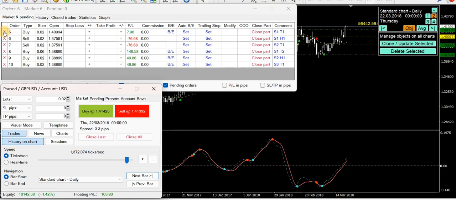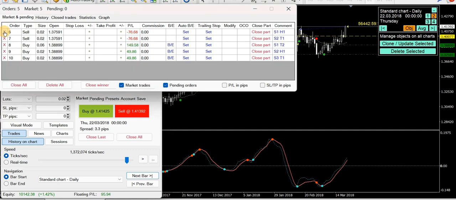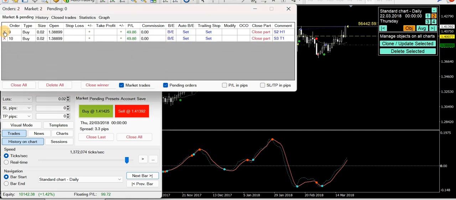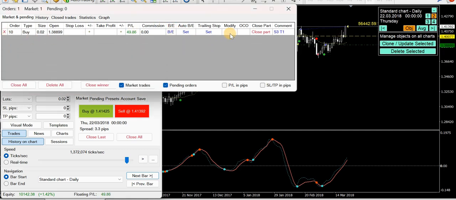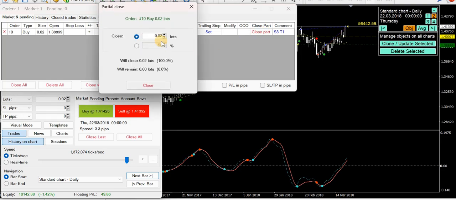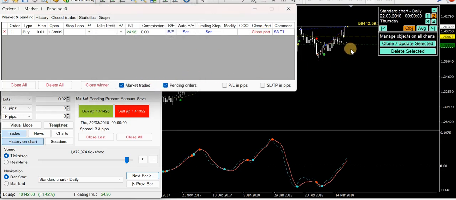So just be close, close, close, close, close, close part. So I'm closing half, close. The entry's down here. Generally, I like to keep my stop below the yellow 20 moving average.